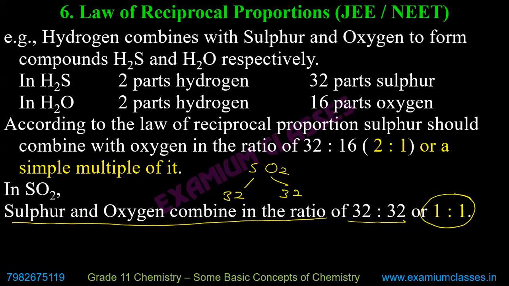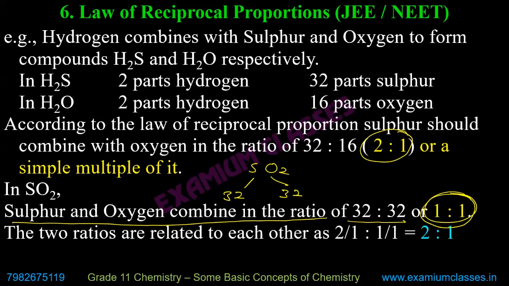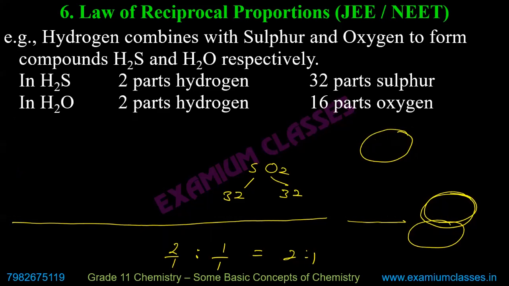Now what you will do, you will calculate the ratio of these two. So the ratio of 2:1 to 1:1 will be 2:1, which is a simple whole ratio. So what we are doing actually, we are finding the ratio of the ratios. That is the different point here which you need to remember.